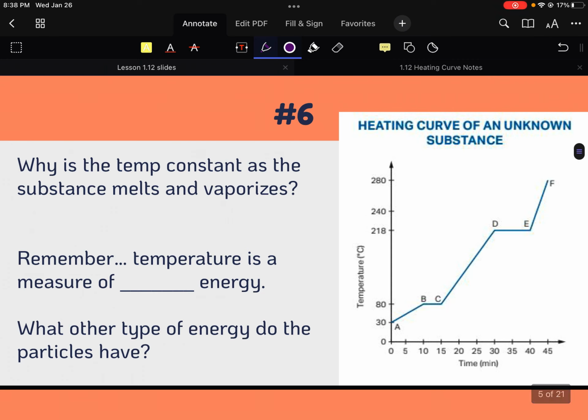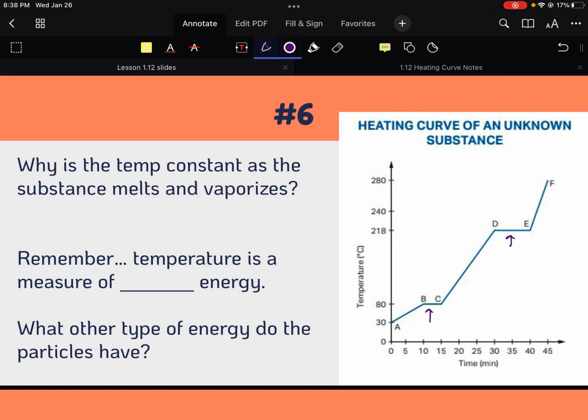So for number 6, what we're really wanting to focus on is these little points in our graph where our line stays flat. Probably what you would have thought is, oh, if I'm melting something, that must mean the temperature is increasing this whole time that it's melting.